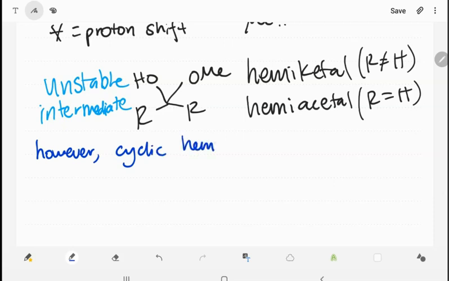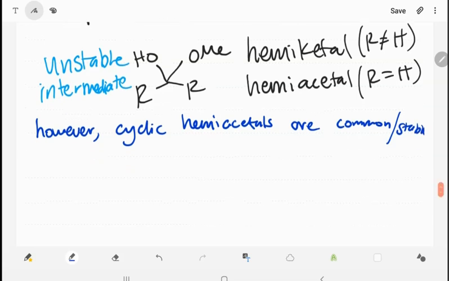Cyclic hemiacetals are stable. This is not something we're going to worry about right now, but sugars are going to typically adopt the form of hemiacetals. Oops, I put all mine the wrong way.